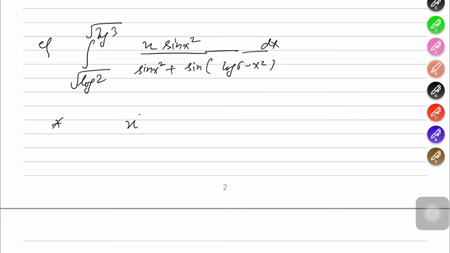So if I substitute x square equal to t, that becomes 2x dx equal to dt.